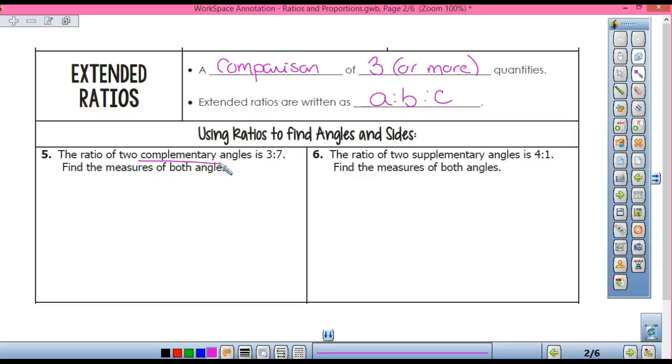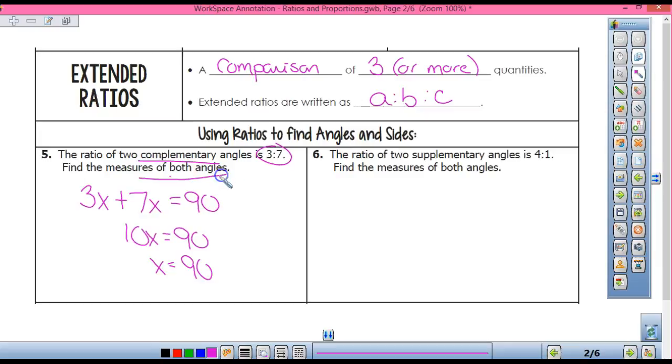So all I'm going to do is take my 3 and my 7 and put an x in. So 3x plus 7x equals, what do complementary angles equal? 90. So 10x equals 90. X is 9.